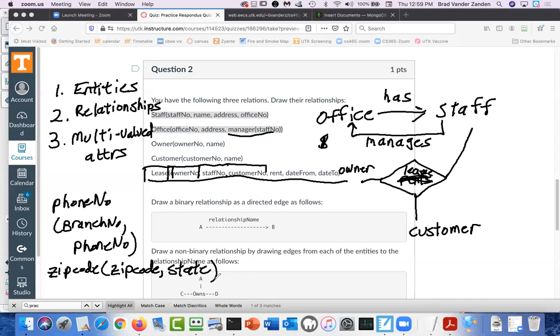It sounds like the third type is a result of normalization. Yes. So the third one is when you go from unnormalized form to first normal form, actually.